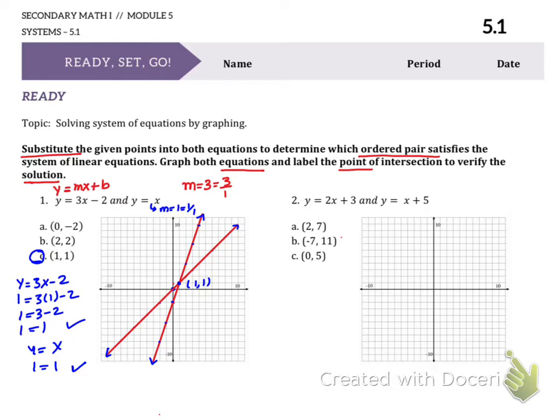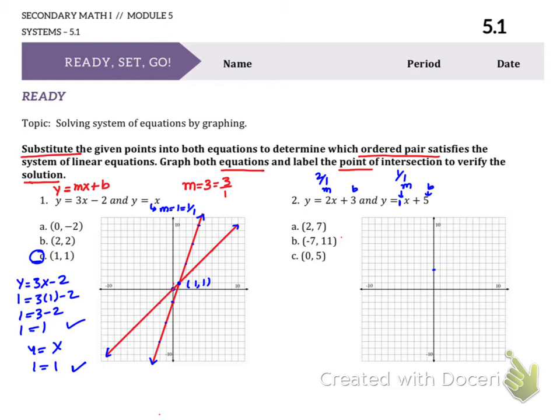Alright, let's move to the second question. And the second question here is y equal to 2x plus 3. That's your m, that's your b, and if m is not written, I can call it 1. So if I have to graph my equation y equal to 2x plus 3, 3 is the y-intercept, it's here. 2x means 2 over 1, so my slope is 2 over 1, and there the slope was 1 over 1.